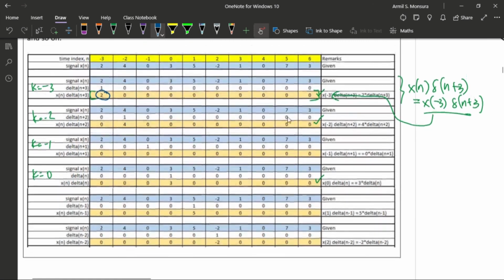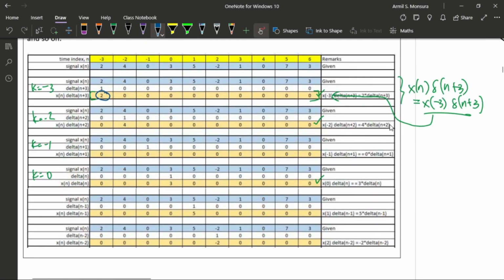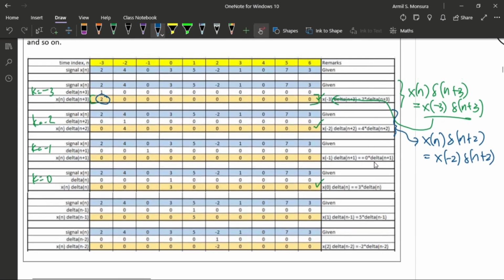When we multiply x of n with delta n plus 2, which is equal to x of negative 2 times delta n plus 2, your product sequence would only have a non-zero value when n equals negative 2. Okay, the rest, 0 na.